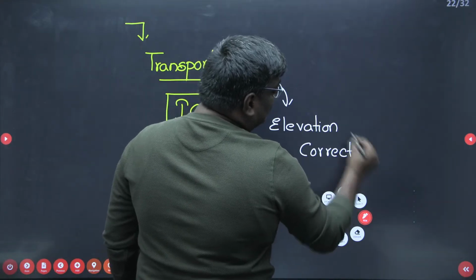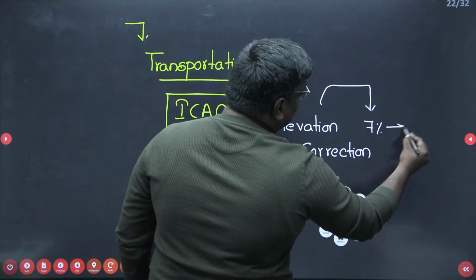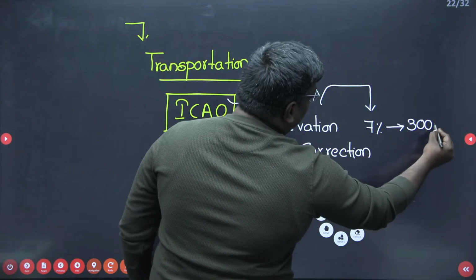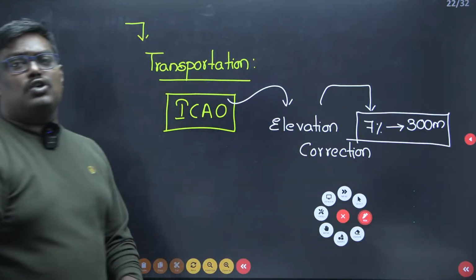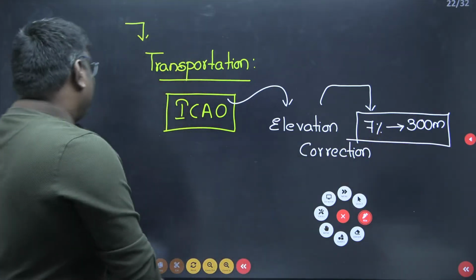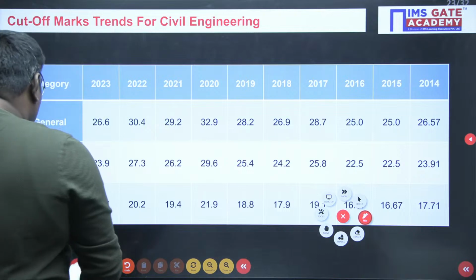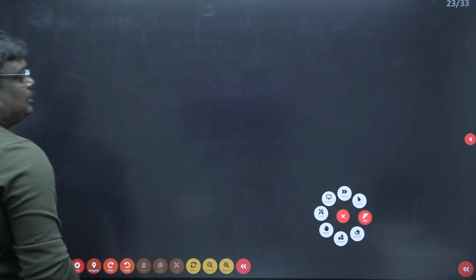So it is a direct objective question. The answer here is 7% for every 300 meter. So for every 300 meter of elevation, you will see a correction of 7%.